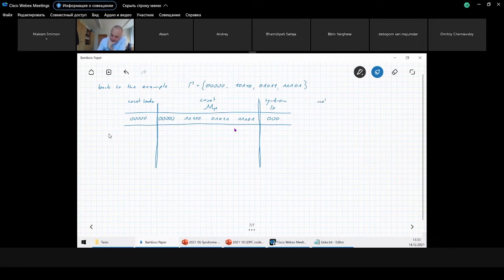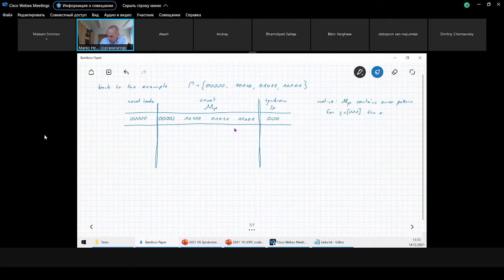Notice mu contains error patterns for the syndrome being the 0 syndrome.